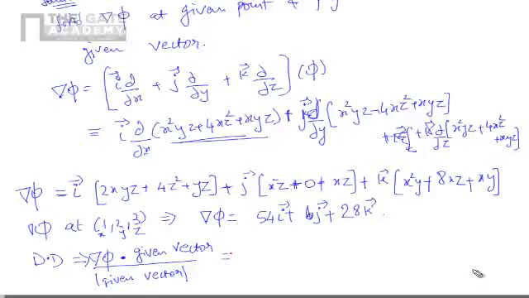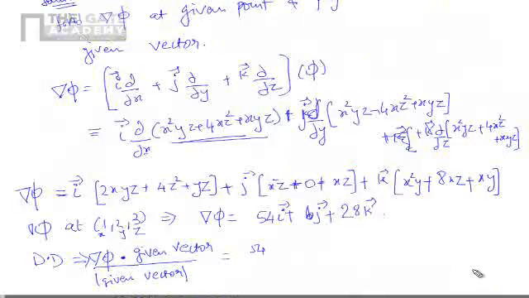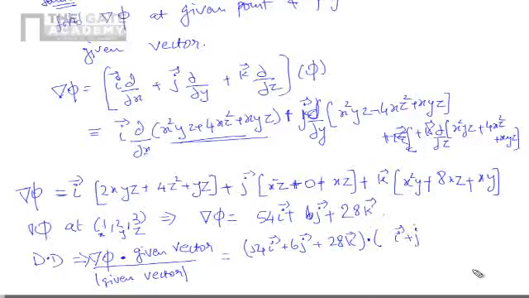So along which direction are we asked? 2i plus j minus k. This is the direction we are asked. So we are going to project on that. That is nothing but 54i plus 6j plus 28k dot 2i plus j minus k, by modulus.